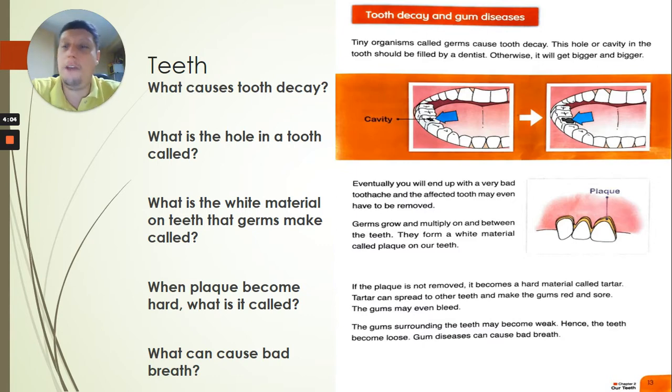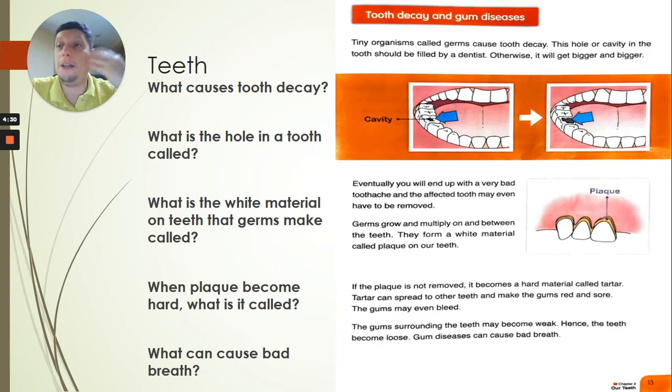Okay? And if you remember, this can be bad for us because after our baby teeth, we only get one set of adult teeth. So if you have your adult teeth already and you get a cavity and your tooth has to be taken out, your new tooth will not grow back. So this is not good for you.